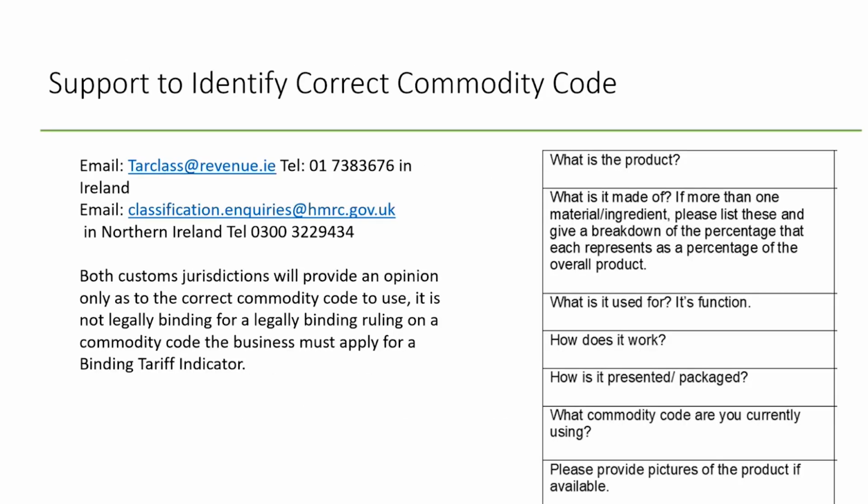So if you're having trouble identifying the correct commodity code, I've given you the email addresses there and the telephone numbers. What I have on the right-hand side here is what I would use as a descriptor.